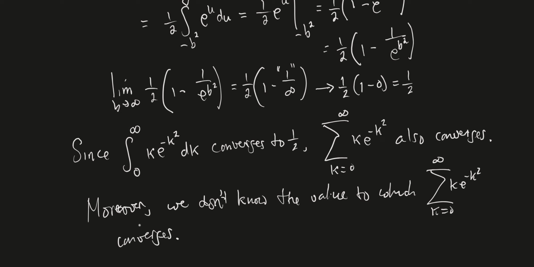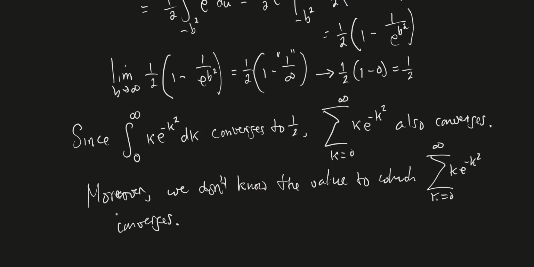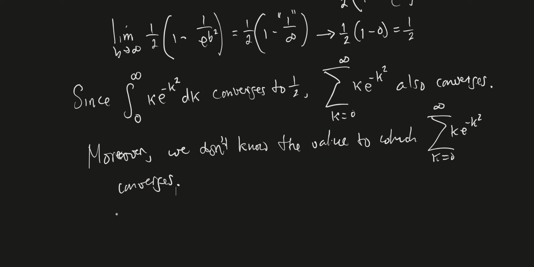The best we can say, and we don't even know how good of an approximation it is, right? And again, there are ways we could determine that, but that's beyond the scope of this material. But what we can say is that this is approximately 1/2. So at best, we can say that our series is approximately 1/2.